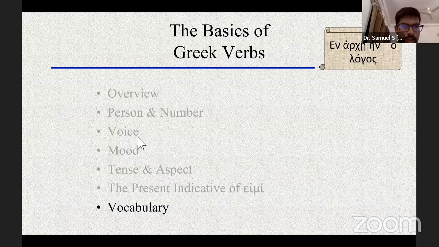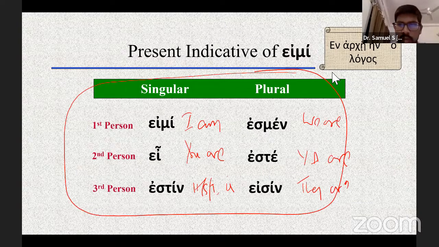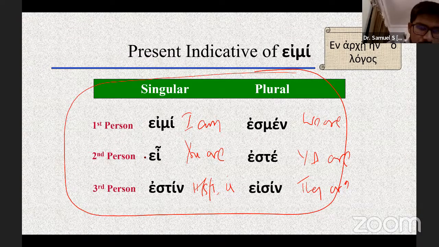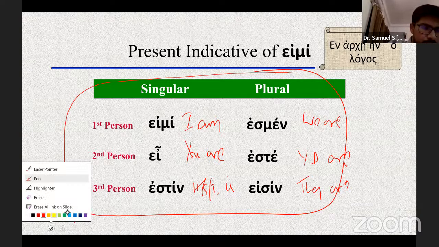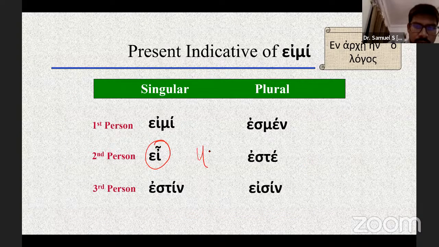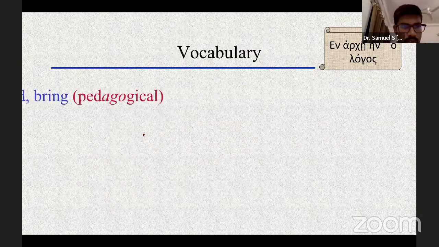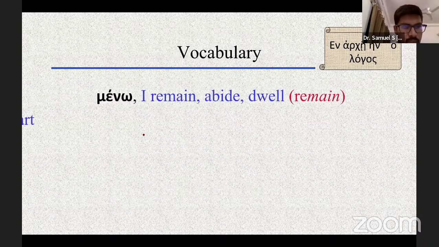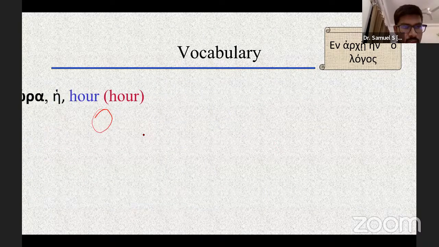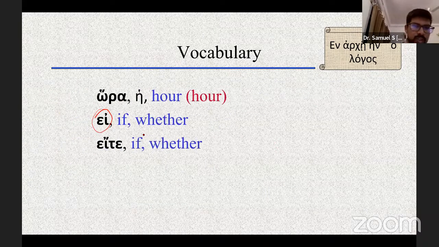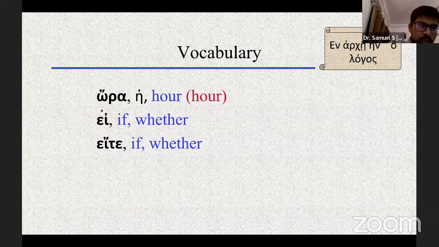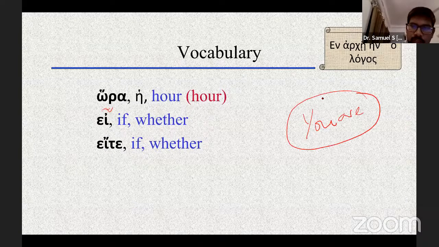Yes, so we saw this in the second person singular here, right? Now, what is the difference between this and if, whether? It is just that circumflex. See, in the if, whether, there's no circumflex, right? You put a circumflex on top of this, and this becomes you are, right?